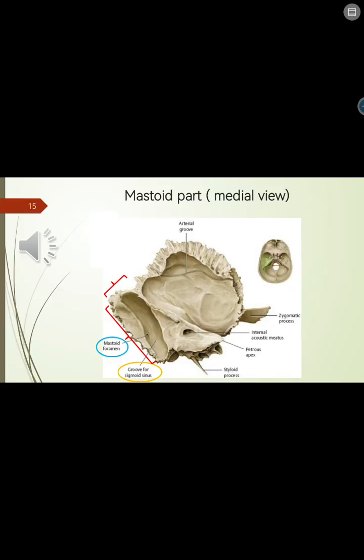As I said, this foramen is accessory foramen that connect the internal aspect of skull to external aspect, and connect the venous sinus of cranial cavity to some veins on the surface of the skull.